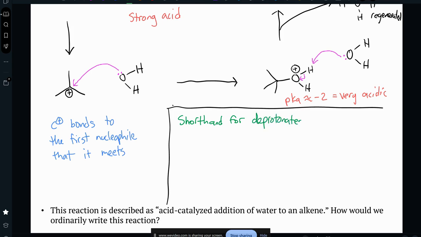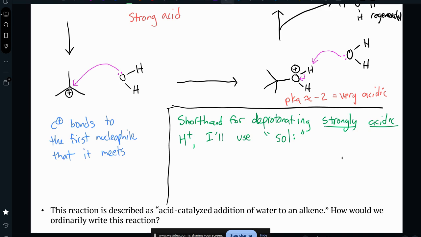As a shorthand for deprotonating strongly acidic H pluses, I'll use just SOL with a lone pair, short for solvent, meaning a very acidic proton can be pulled off by any old solvent molecule or anything that's in the solution that is even weakly basic.